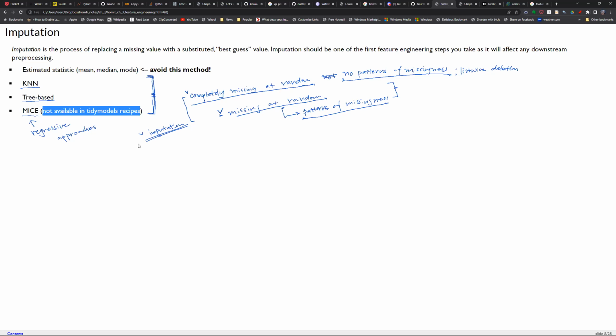So regardless of whether data is completely missing or missing at random, it is about people and their interaction with some aspect of the topic of interest.